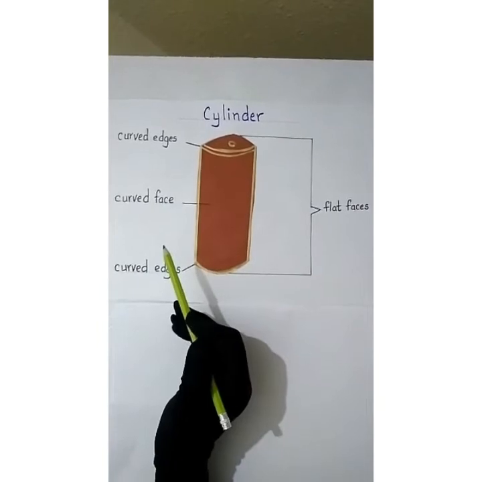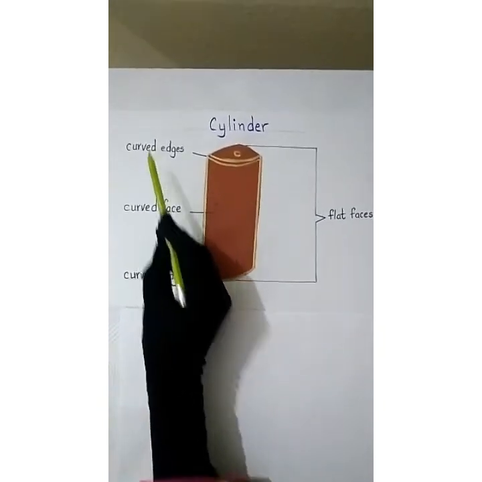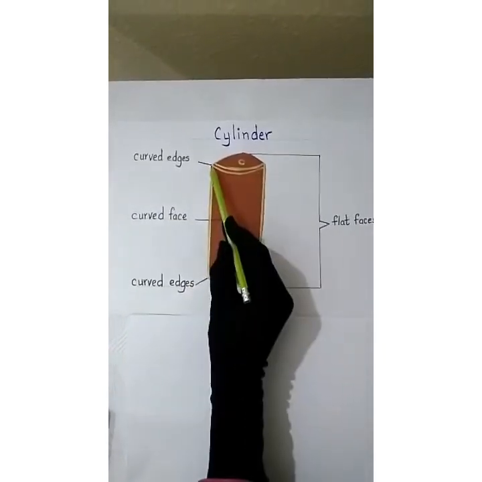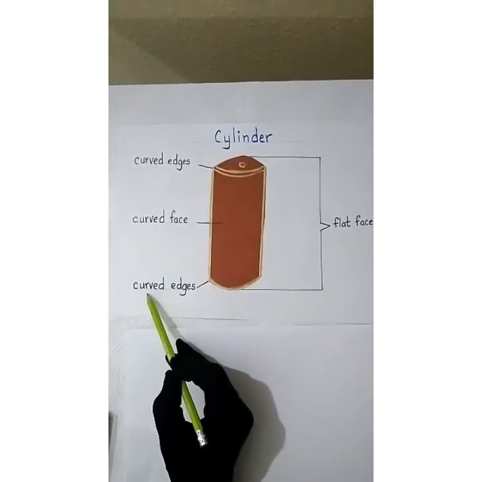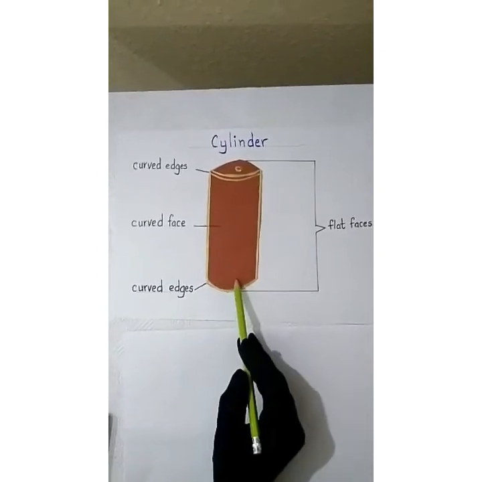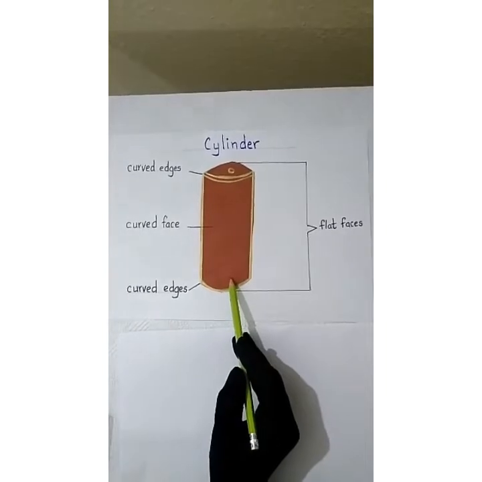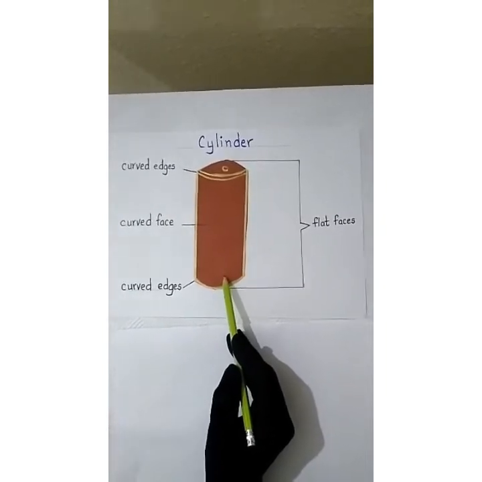It has 2 curved edges and no vertex at all.